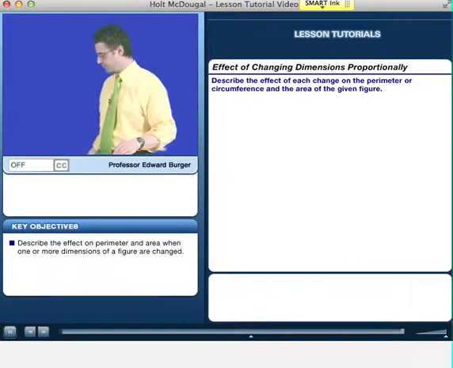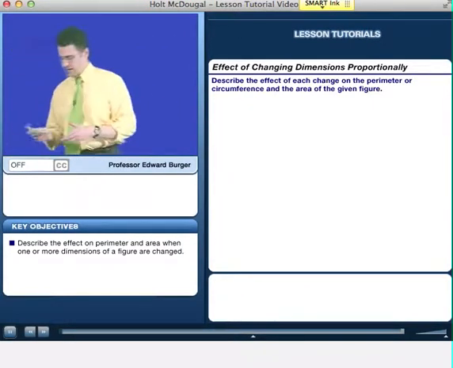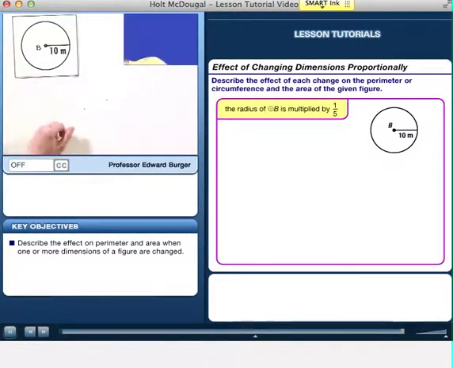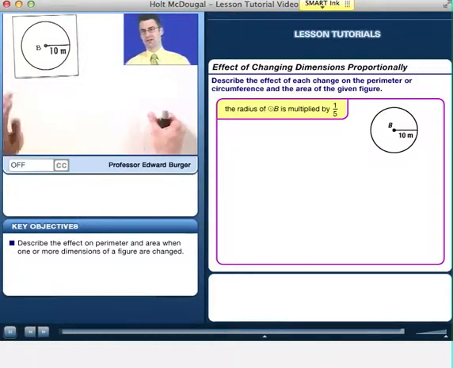Let's try another example. So here I've got a circle B. It's got a diameter of 20, and therefore radius of 10. And what I want us to do is find the circumference, find the area, and then see how both those things change if we multiply the radius by a fifth. So look at a fifth of the radius.